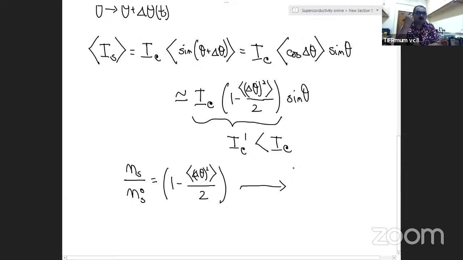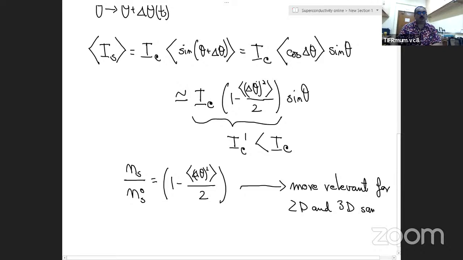So whether you work in terms of the critical current or the penetration depth, which gives you NS, is entirely an experimental consideration of what is the size and shape of your sample. So this is more relevant for 2D and 3D samples.